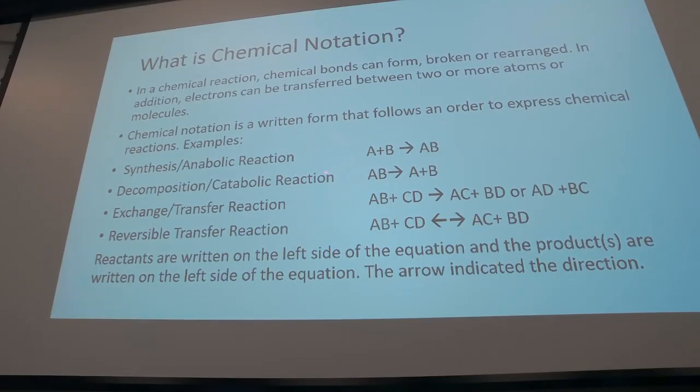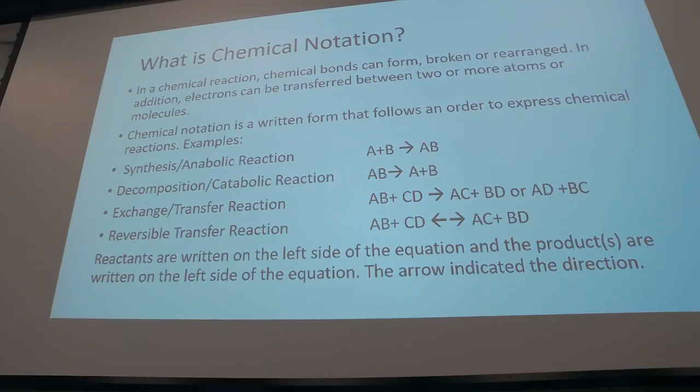In this case, we have a synthesis or anabolic reaction, basically having reactants A and B, or A plus B, that are going to form a chemical bond. They were first separated, A and B, and now with this chemical reaction, which is called synthesis or anabolic reaction, you create a bond between A and B. So that would be AB.